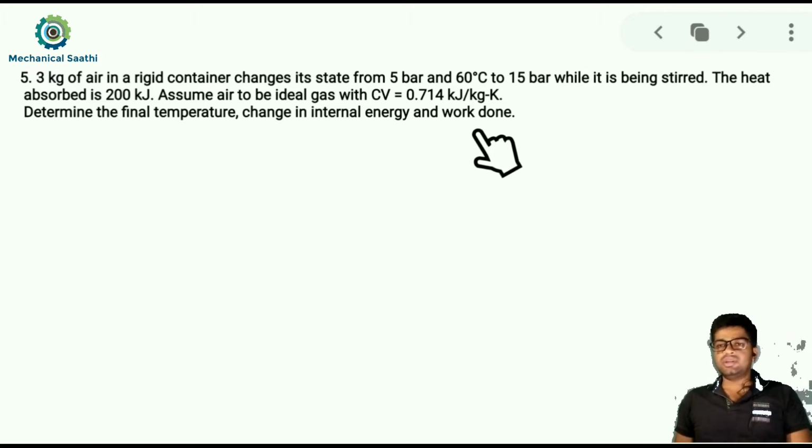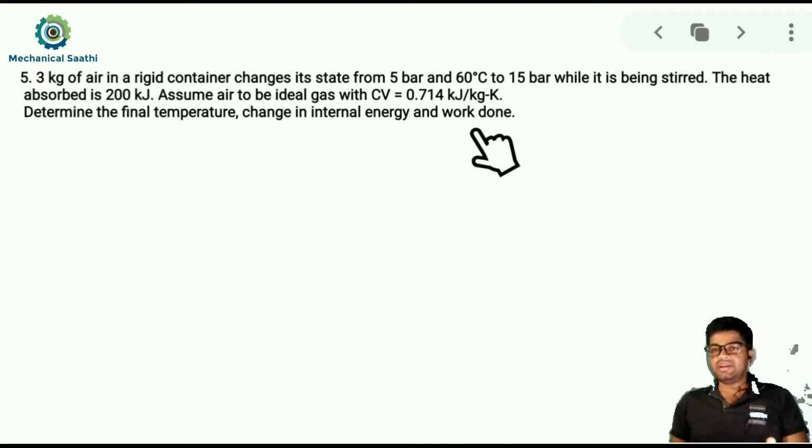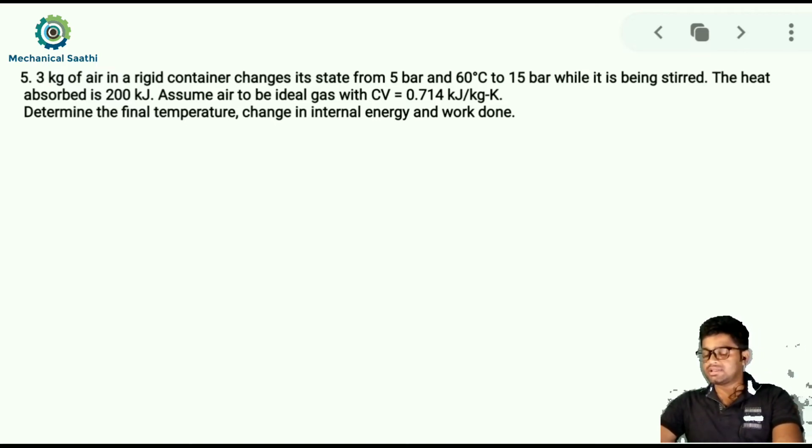In any competitive exam or job oriented exam, you will find only one question from these three. So we have generalized this question, taking all these probable questions: to calculate the final temperature, the change in internal energy, and the work done. Let us try to solve it.